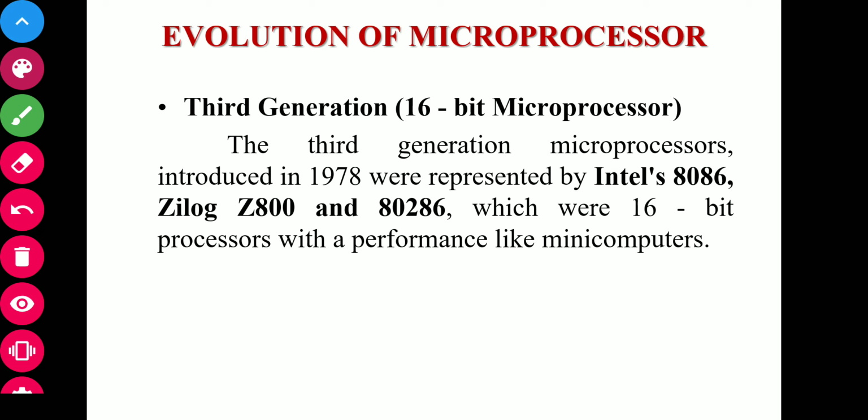The third generation microprocessor was introduced by Intel in 1978, and it is called Intel's 8086, or the 8086 microprocessor. And Zilog Z8000 and 80286, which were 16-bit microprocessors with performance like minicomputers.